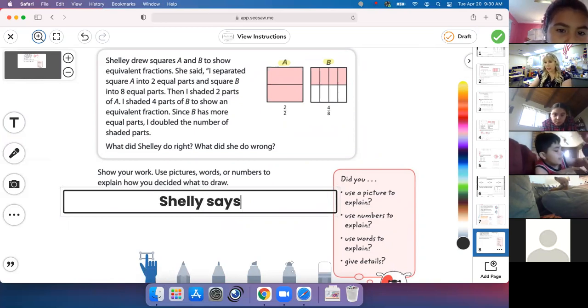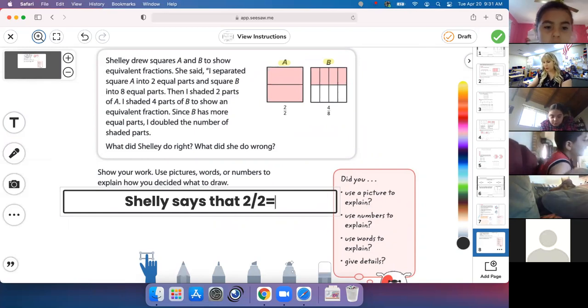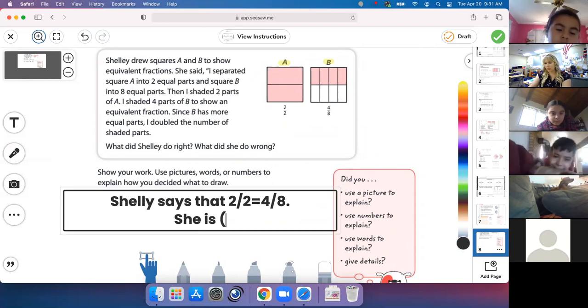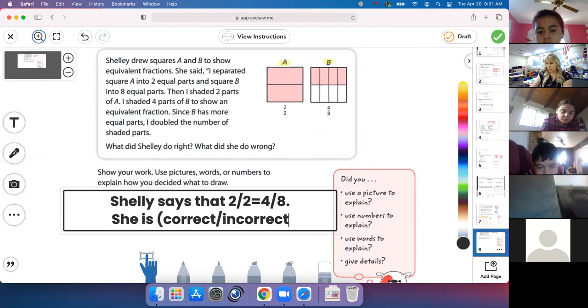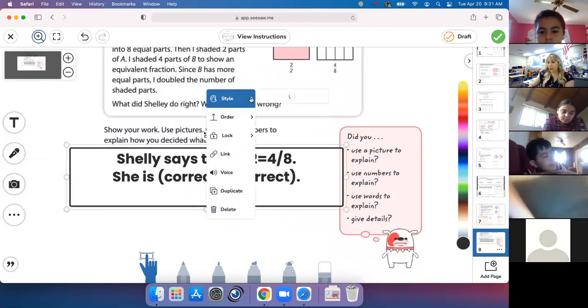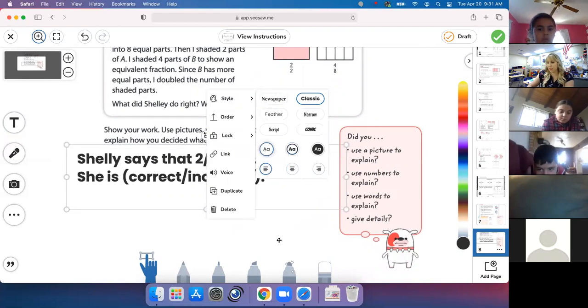Shelley says that 2 halves equals 4 eighths. I want you to decide, is she correct or incorrect? Are those 2 things worth the same amount?